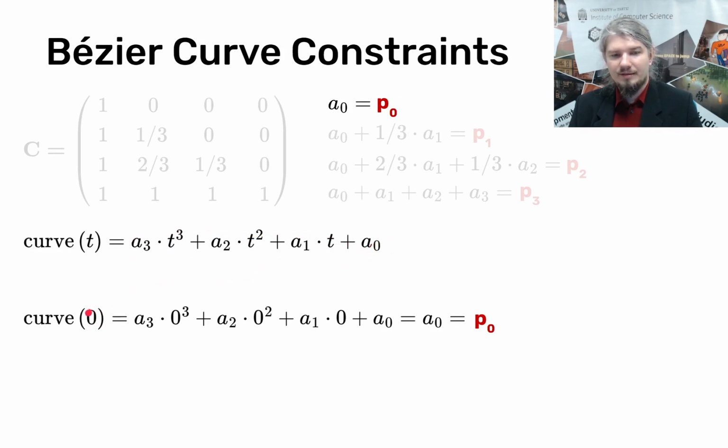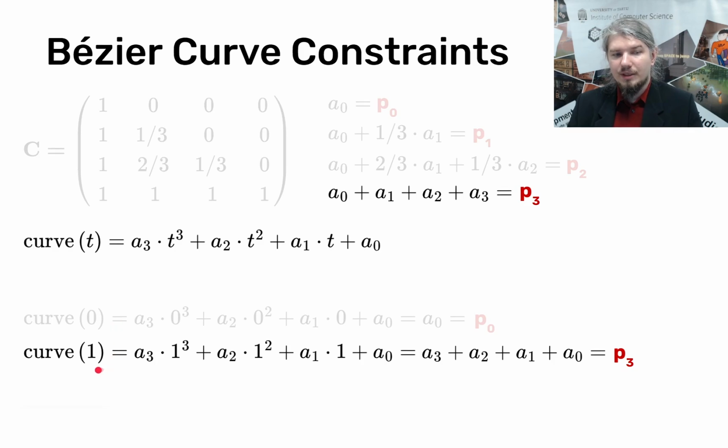So curve at 0 is just A0. But up here we saw that A0 equals P0. So this constraint now tells us that the beginning of the curve has to be at P0. This is exactly what we saw on the curve as well. It started at the first control point. Its location was at P0 when we started the curve.